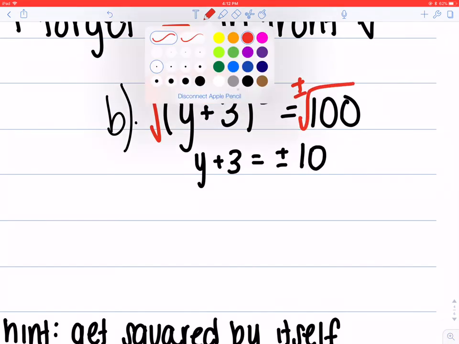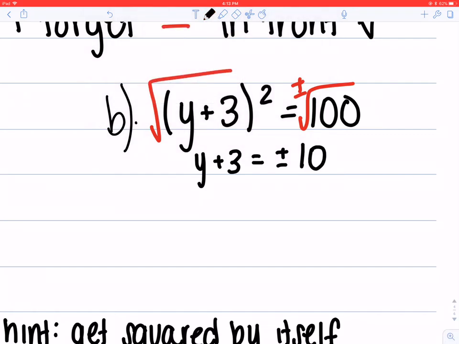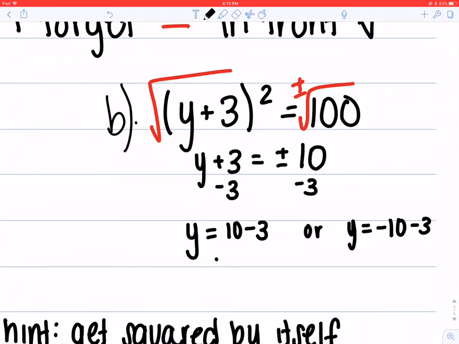Now I have y plus 3. I want to get y by itself, so to undo plus 3, I subtract 3 from both sides. So I'm going to have y equals 10 minus 3, because I can have positive 10 or negative 10, or negative 10 minus 3. So I have 7 and negative 13.